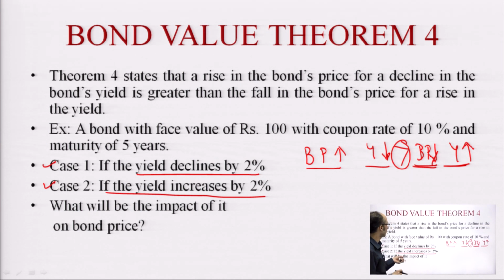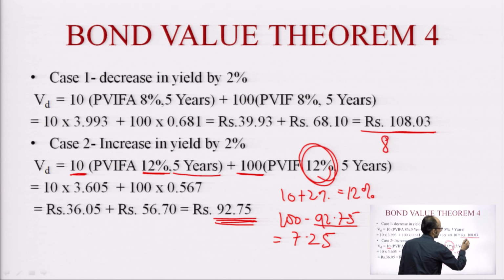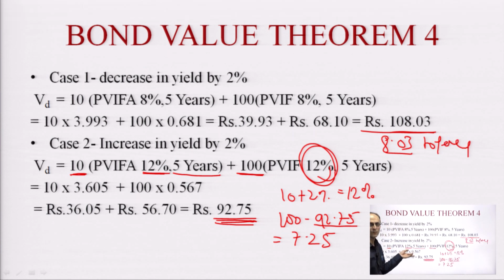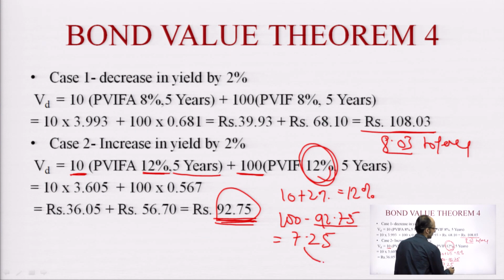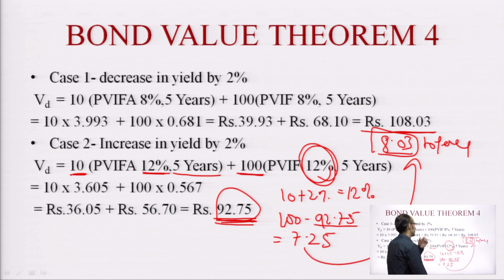If the yield is decreased by 2%, the bond value increases to 108, which means a difference of 8.03 from the face value. In case the yield is increased by 2%, the bond value comes out to be 92.75. You can clearly see the price change in the first case, when the yield is decreased by 2%, was 8.03, and in this case it was 7.25.